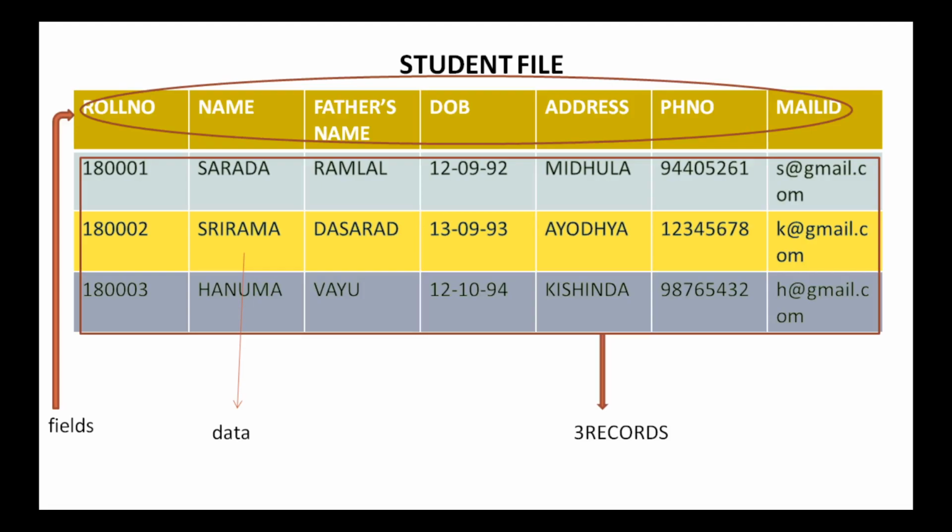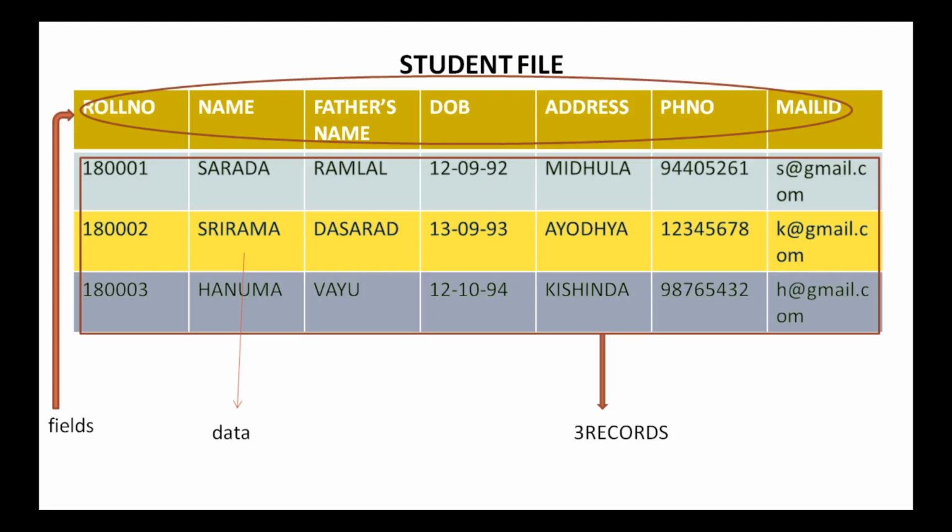A field is nothing but a character or a group of characters used to define and store the data. For example, the roll number field defines and stores the data 18001, 18002, 18003. And how many records does this student file contain? Three records. A record is a collection of logically related fields that describes a person.